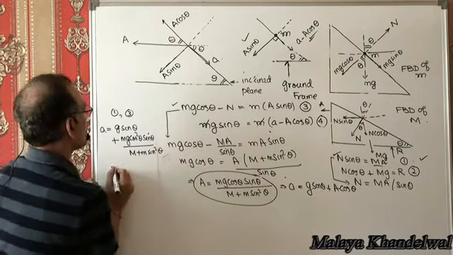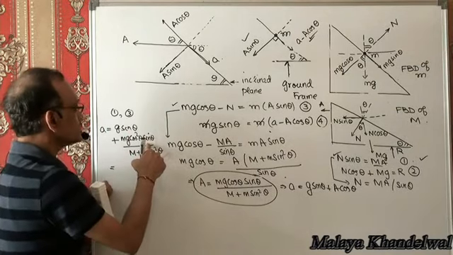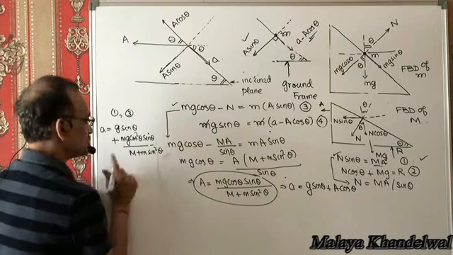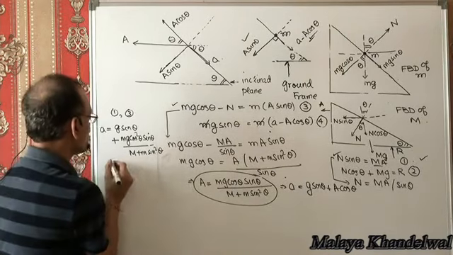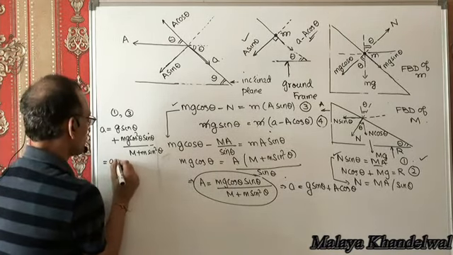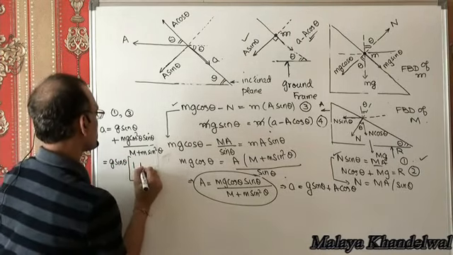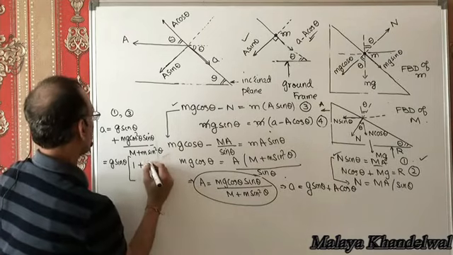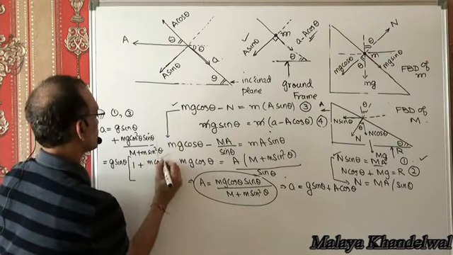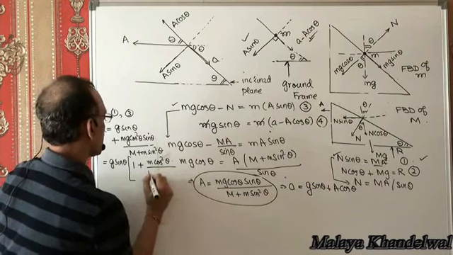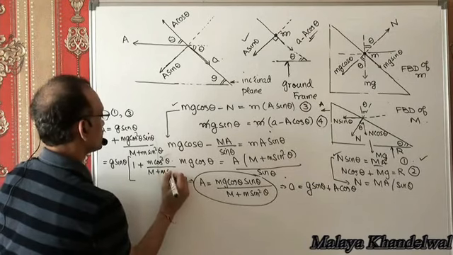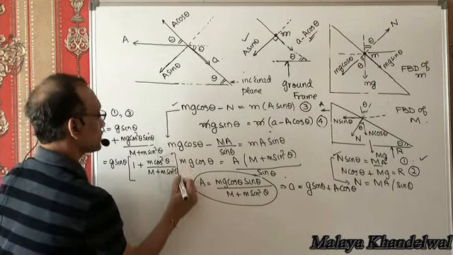See what happens. From these two, I'm going to take g sin theta common. If I took g sin theta common from these two, then I end up getting 1 plus m cos square theta divided by capital M plus small m sin square theta is what I get, right?